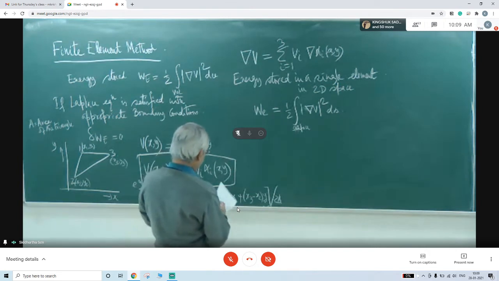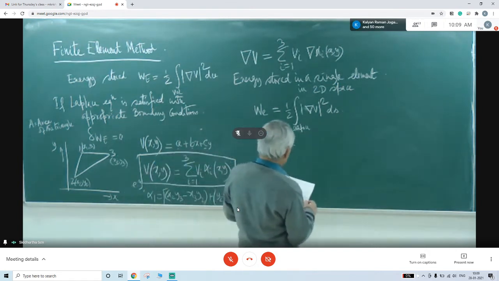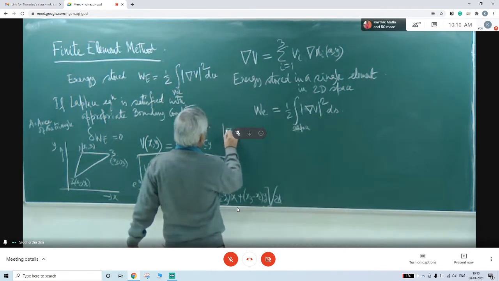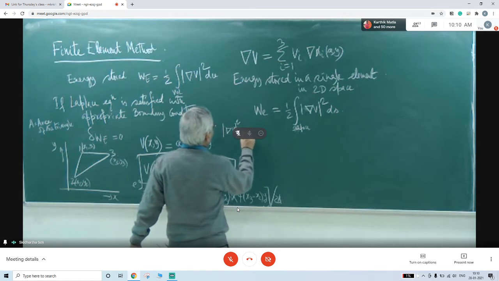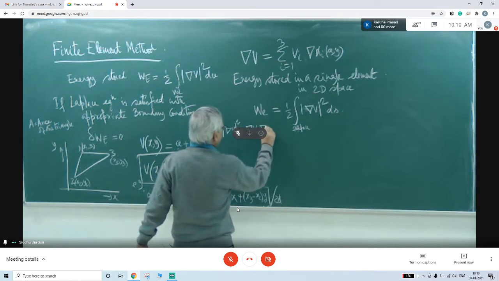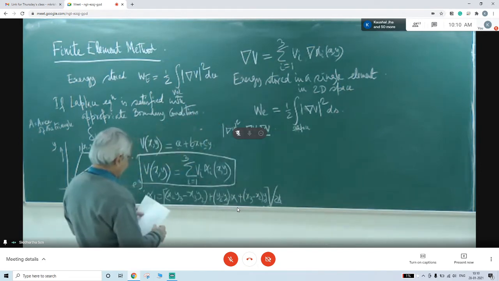Okay. Is it okay? And we can say, because you know nabla V whole square is nothing but nabla V dot nabla V, so it is basically the scalar product.